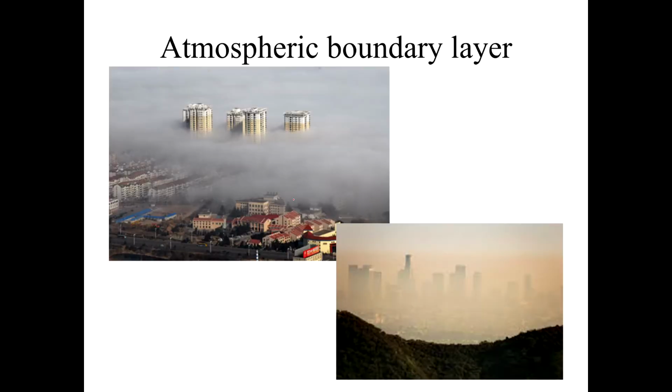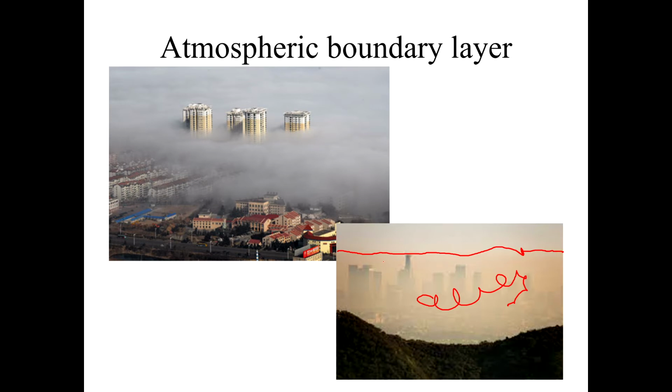Similar kinds of stuff goes on in the atmosphere. So these are just a couple of pictures that I found to illustrate the atmospheric boundary layer. You've got some cities here that are churning out pollution. So this orange stuff is pollution. And you can see here, I don't know how well you can see this, but this is the atmospheric boundary layer. Right about there, there's a boundary layer.